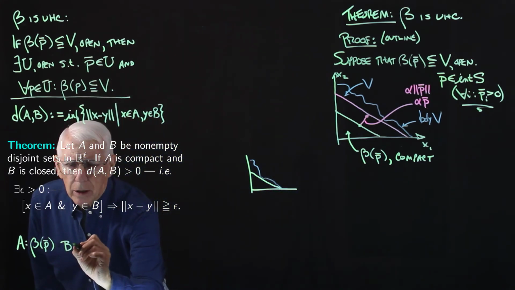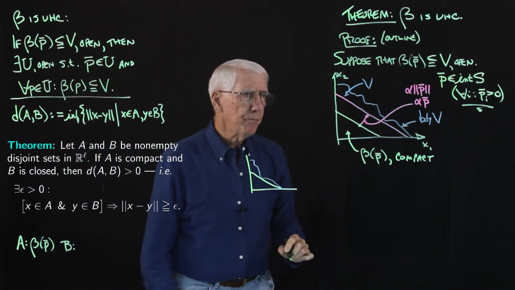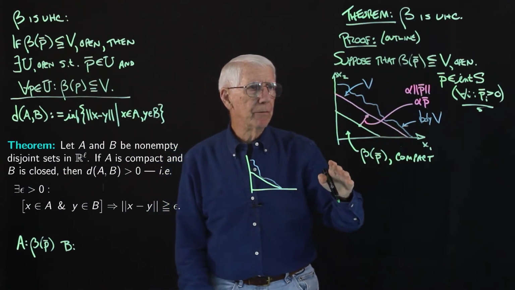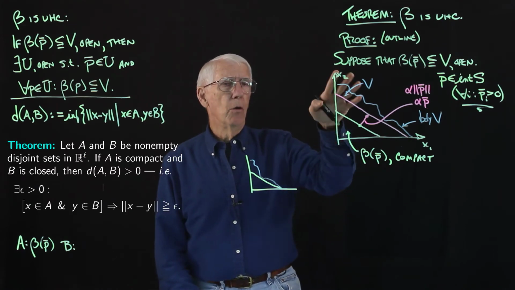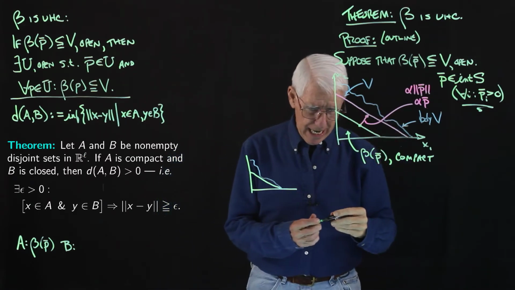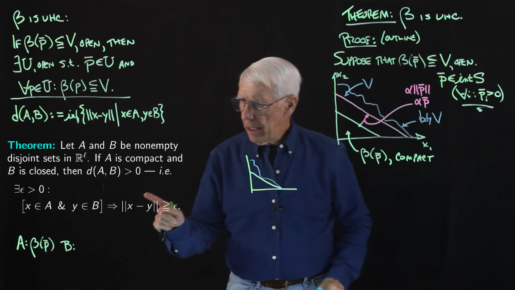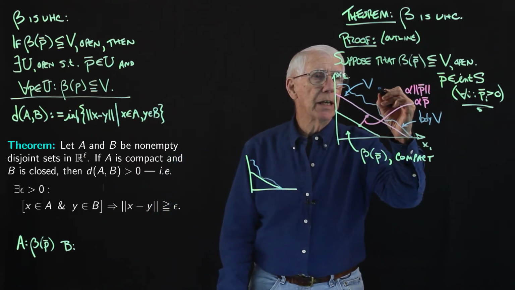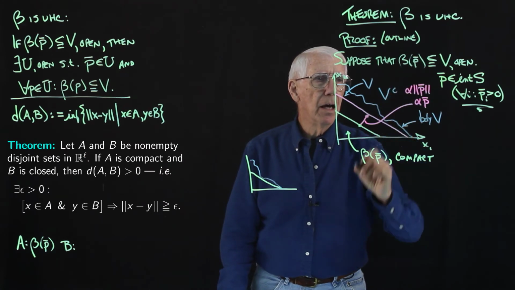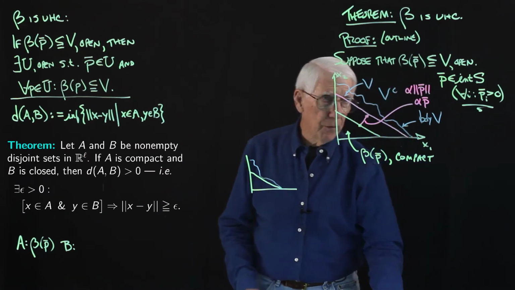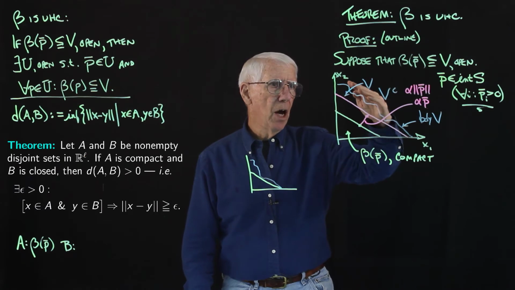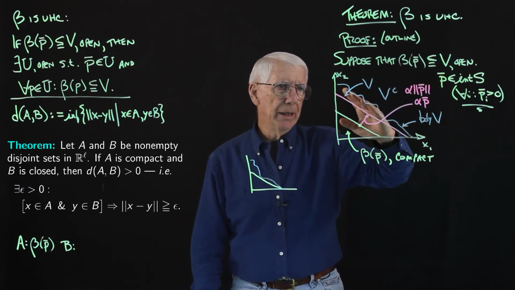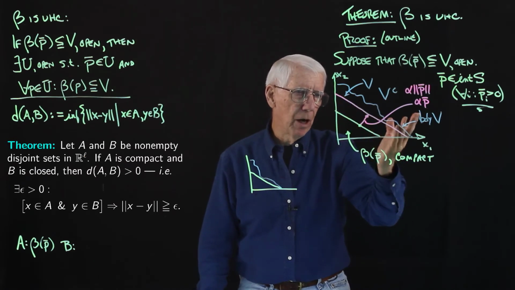And what's going to play the role of B? Well, you might say the boundary of V, but actually it turns out, I think, to be a little more convenient for the way the proof's going to go, to say that the set that will play the role of B is the complement of V, V complement. So V complement is everything on or above the boundary of V. V is everything strictly below or away from the boundary.